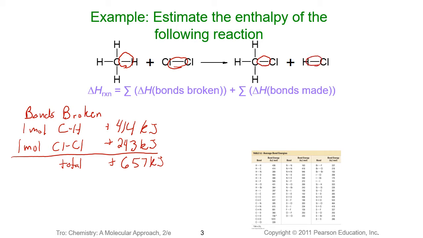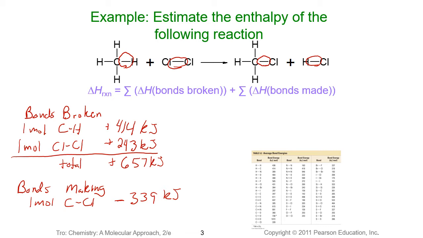Now, if we look at the bonds that we're forming, we're forming a new bond between carbon and chlorine, and a new bond between hydrogen and chlorine. So the bonds that we're making: 1 mole of carbon-chlorine. Because we're making it, it's a negative value.